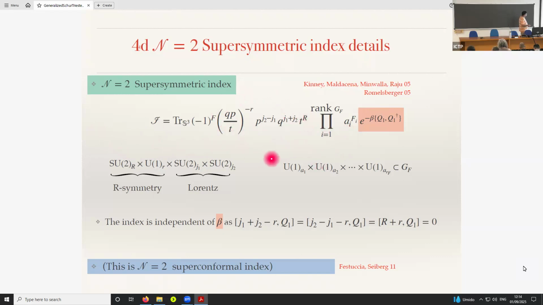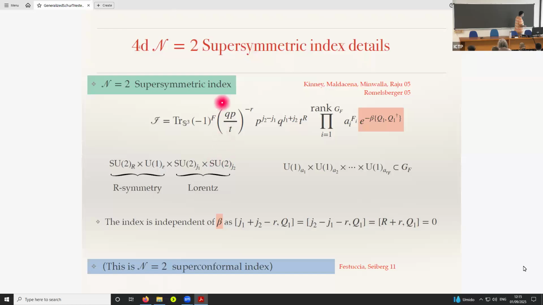So the parameters we turn on should couple to charges which commute with some choice of supercharge, which I denote here by Q1. All these combinations commute with this supercharge, so J1 plus J2 minus R has to commute with Q1 and so on.